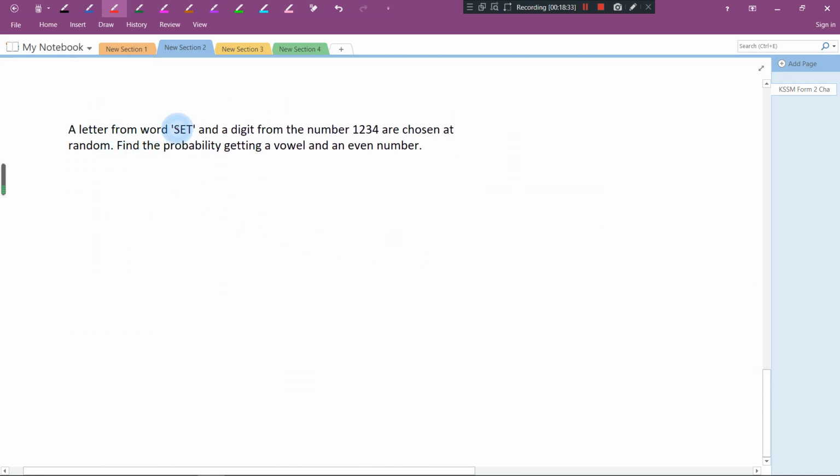A letter from the word SET and a digit from the numbers 1, 2, 3, 4 are chosen at random. Find the probability of getting a vowel and an even number. Let me list the sample space first. A letter from the word, so we have 3 letters over here. I will draw 3 vertical lines for S, E, and T. And then a digit from the numbers 1, 2, 3, 4.